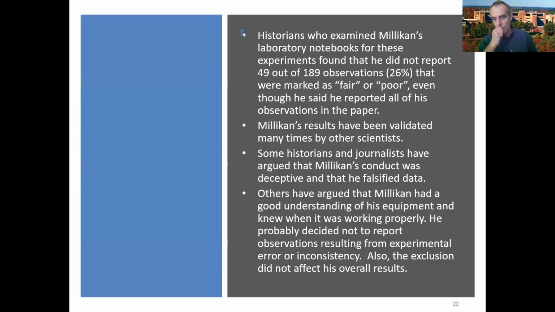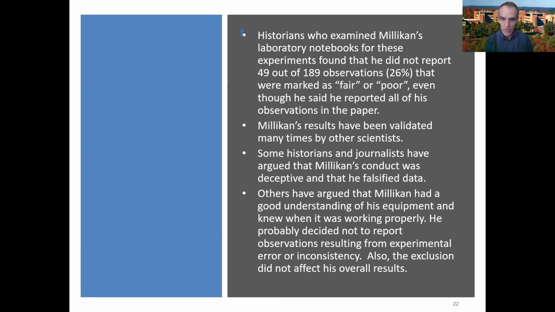But anyway, historians who have gone back to Millikan's notebooks, and these are online if you want to search for Millikan's lab notebooks, found that he did not report 26%, or 49 out of 189 observations, that were marked as fair or poor, even though he said he reported all the observations in his paper. So Millikan, there's no question that he was right.